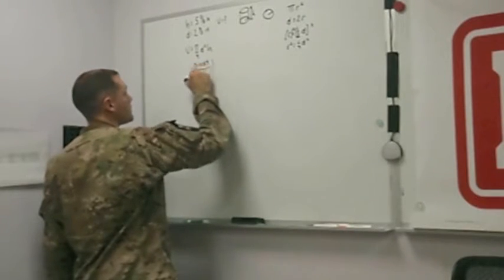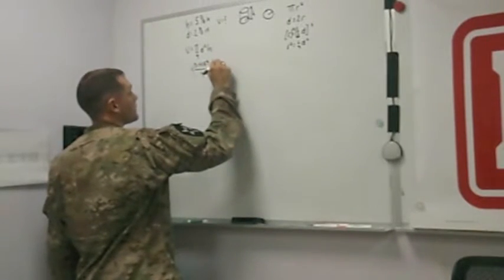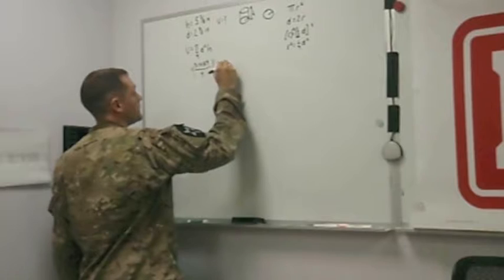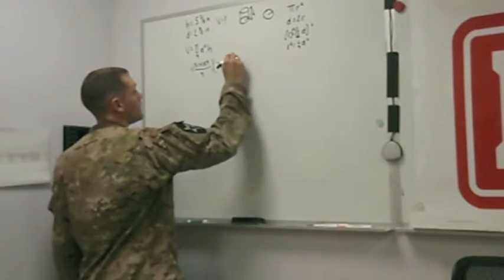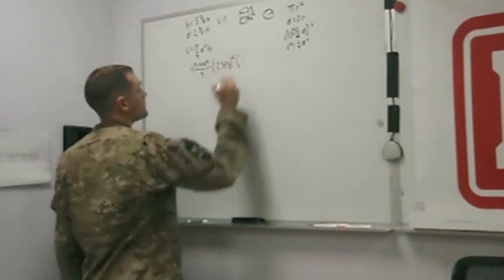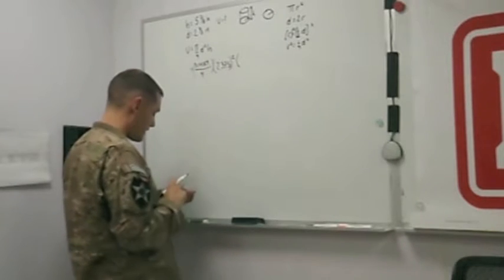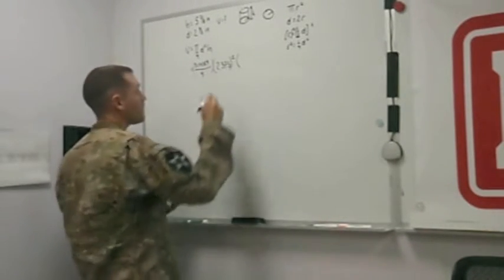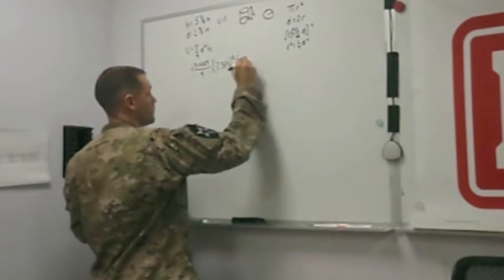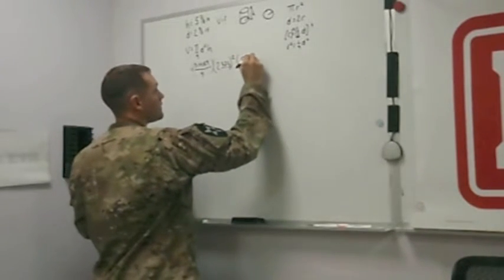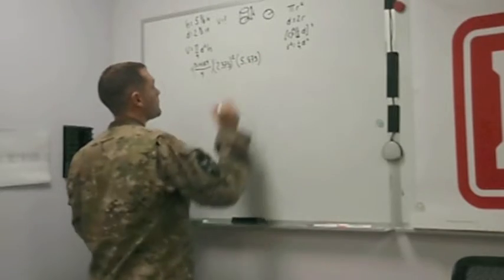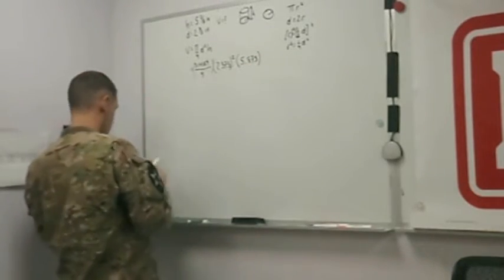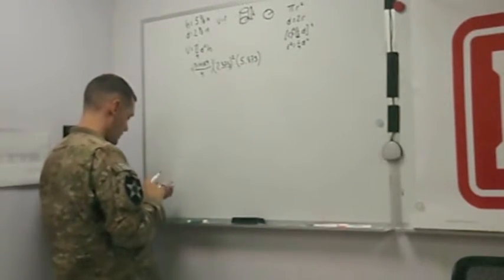So this times 2.375 squared times 5 7/8. We're going to convert 7/8 to the decimal, which is 5.875. So we multiply all of this together.